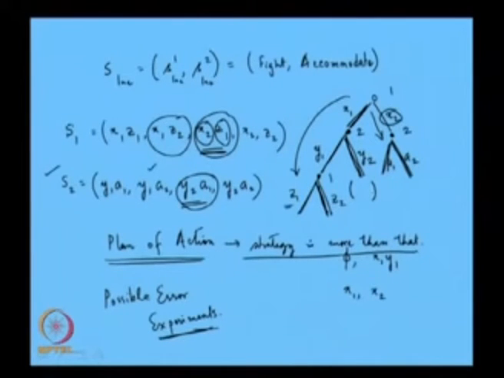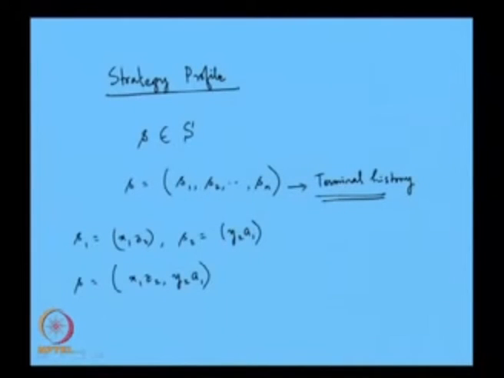So, this is how from a particular strategy profile I trace out a particular terminal history, and in this case it is giving me the terminal history x1 y2, and this is also known as the outcome.